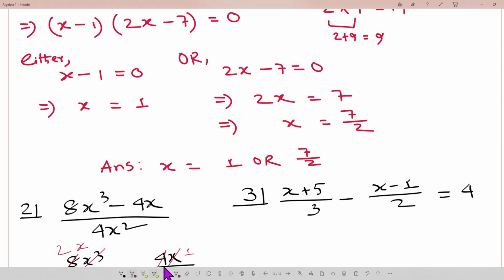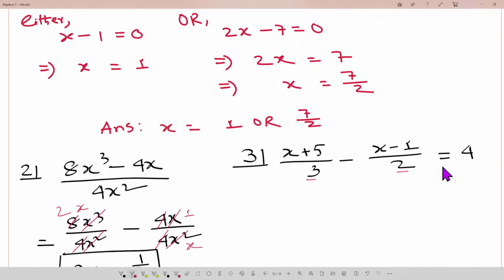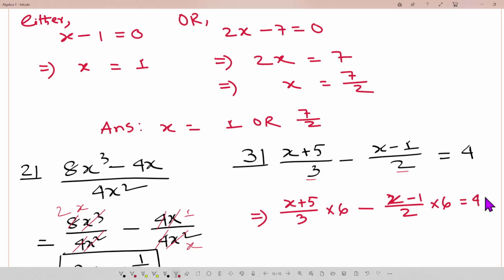Look, here is 3 and here is 2, so once we take the LCM it will be 6. So we can multiply both sides by 6. So (x + 5)/3 times 6 minus (x − 1)/2 times 6 equals 4 times 6.